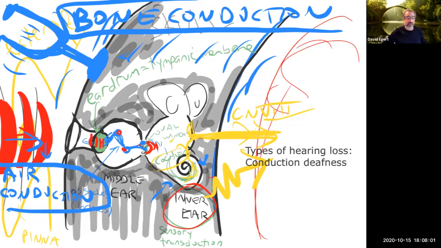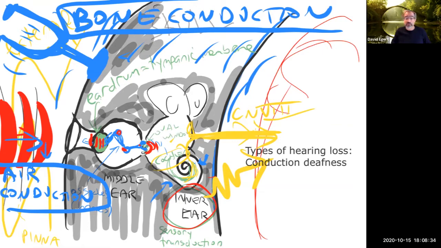What's another thing that could go wrong? Damage to the eardrum. Yeah, a perforated eardrum, something wrong with the eardrum, that's gonna also cause the same problem. What else? Something wrong with the organ of Corti in the cochlea? So that's different, right? That's where we have the sensory transduction. We're gonna get there, but for right now, it's the things that keep the vibration from ever getting to the cochlea in the first place.